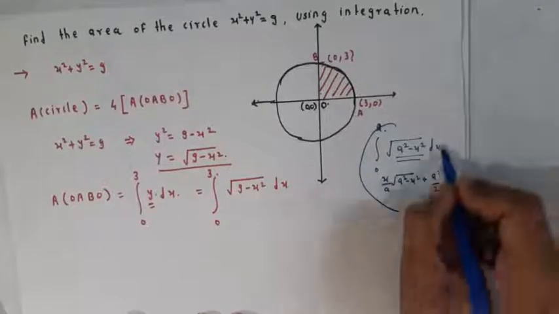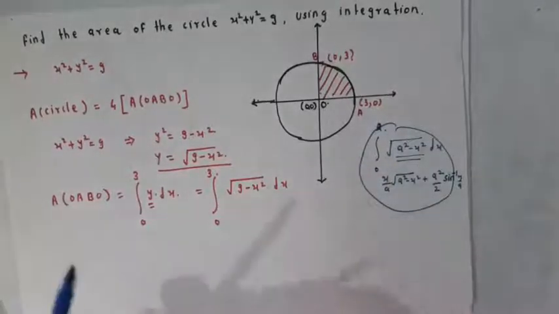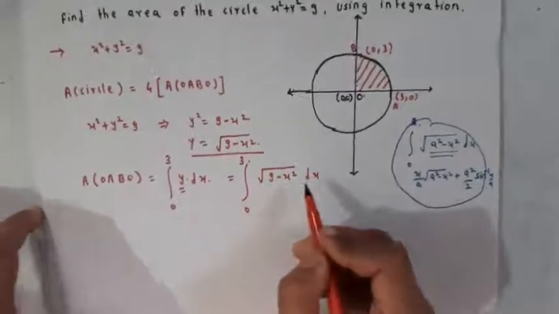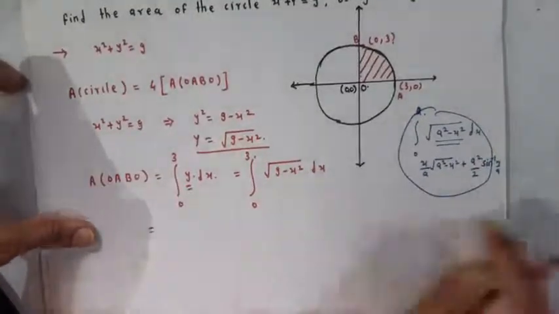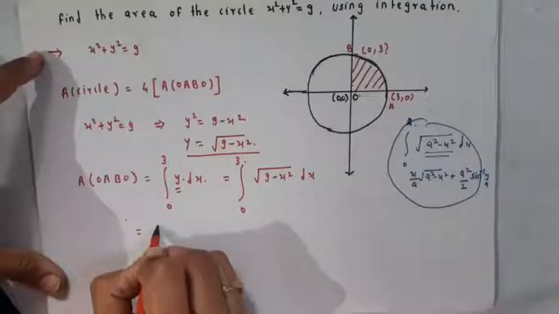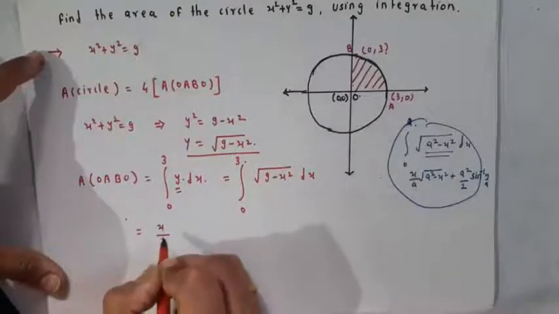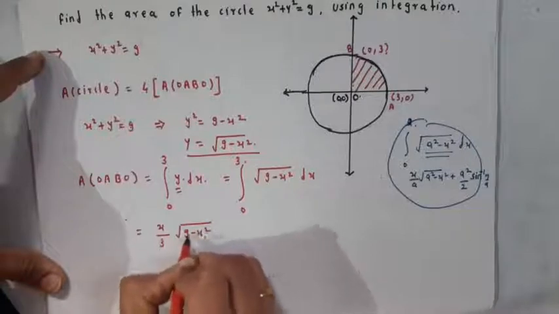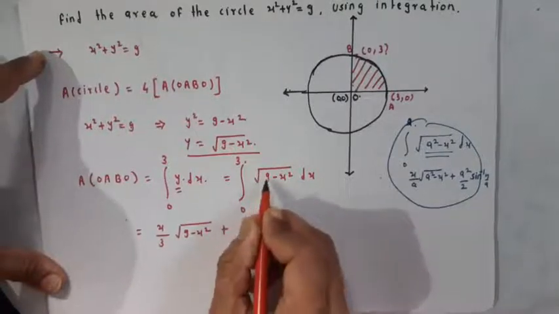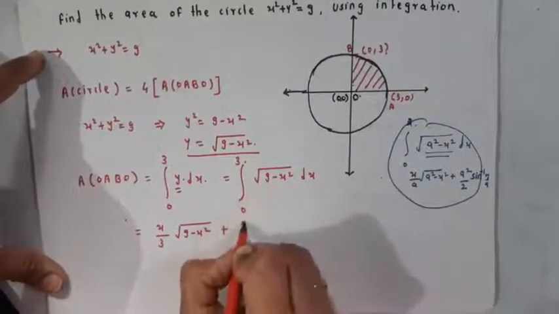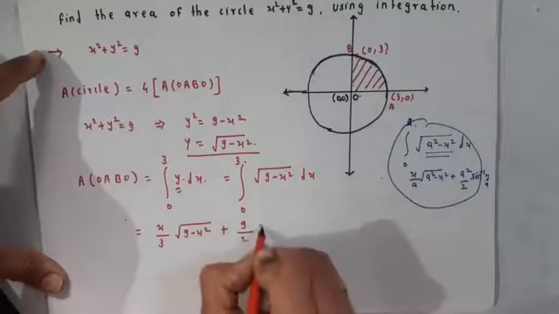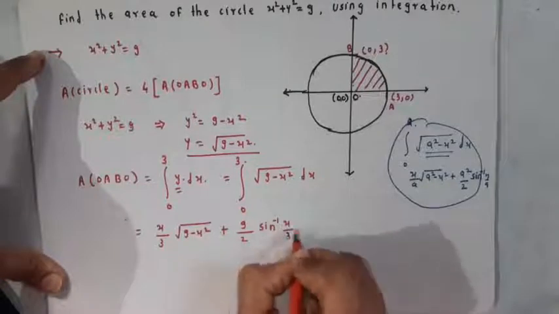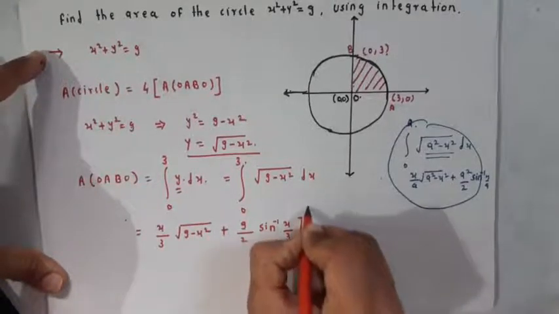By using this formula we will find the integration. A is 3, so 3 square minus x square. Its integration is x by 2 square root of 9 minus x square, plus a square, a is 3, a square is 9 by 2 sine inverse of x by 3, limits of integration 0 to 3.